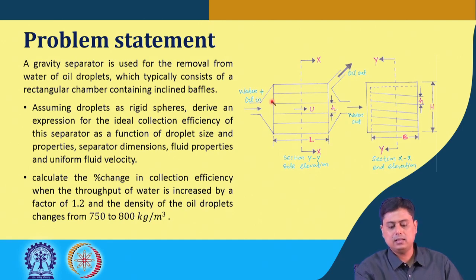As the water and the droplets travel through these inner spaces, in between the baffles, what will happen? The oil droplets will try to come up and stick to the under surface of these baffles, and then the oil droplets will go up and the water will go in a different direction.